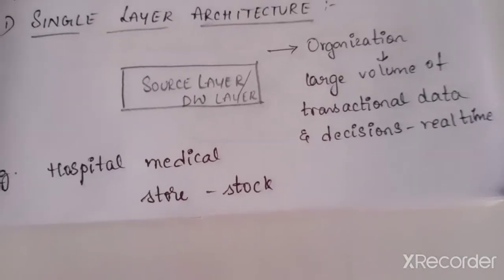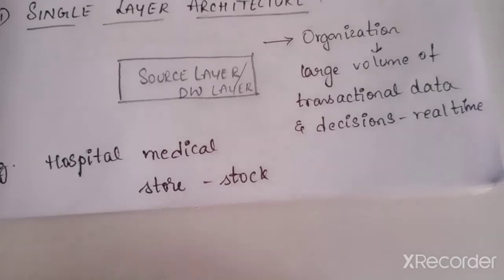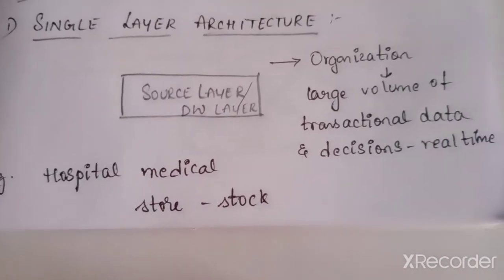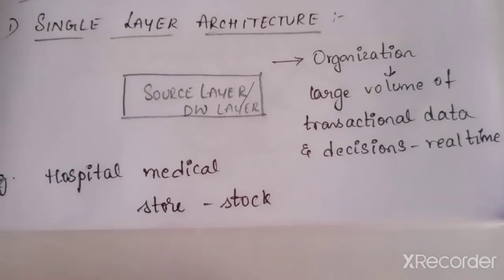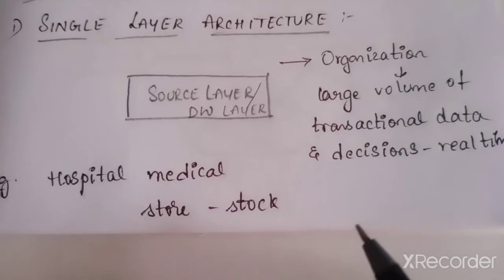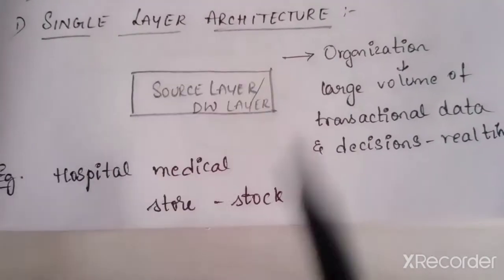That means all the medicines have to be given to patients. Similarly, new stock has to be updated regularly, and it maintains a large volume of data. Such organizations will use this single layer architecture.